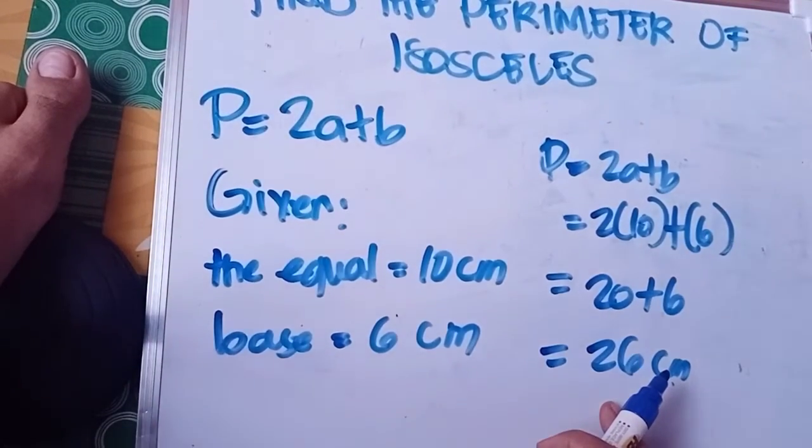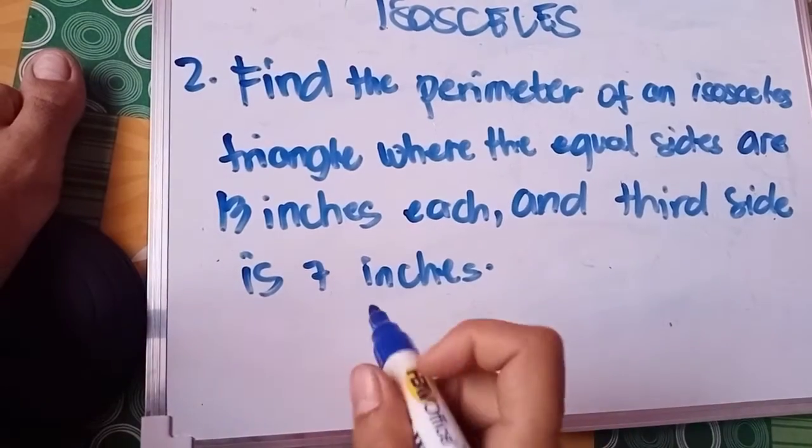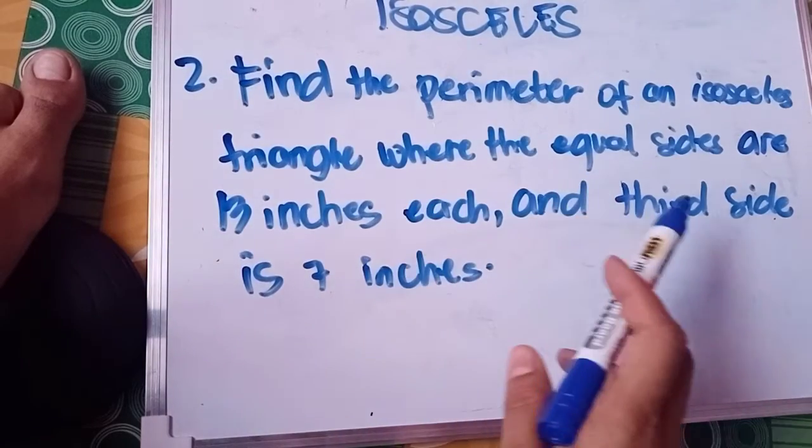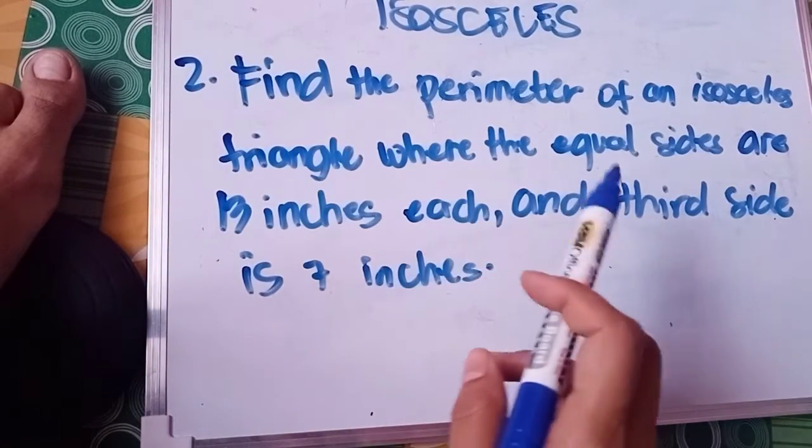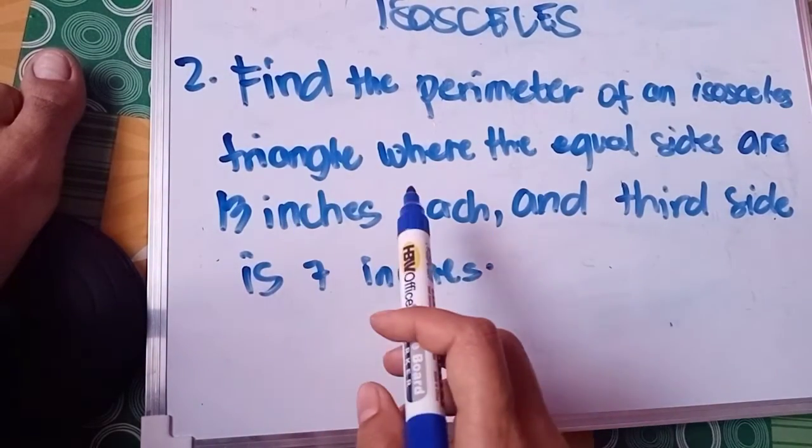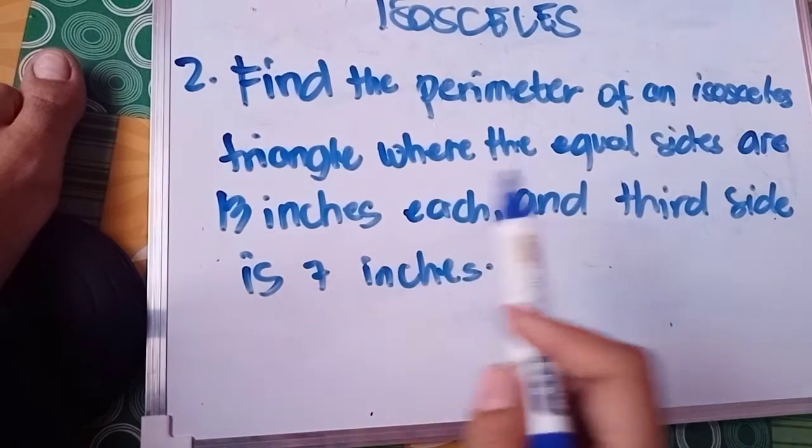Let's have another example. Example number 2: find the perimeter of an isosceles triangle where the equal sides are 13 inches each and the third side is 7 inches.